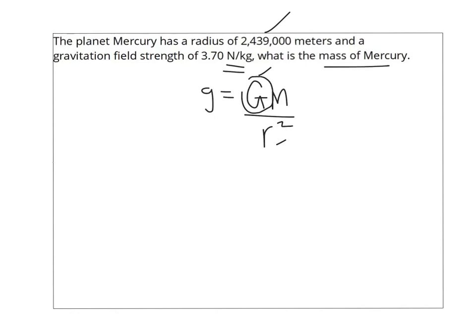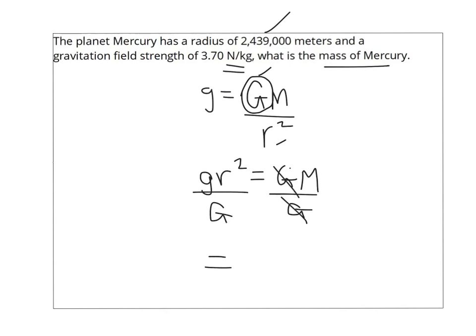G is a constant, it's never going to change. So if I rearrange this, I need to multiply by r squared. So g times r squared is equal to big G times the mass, divided by big G, which will allow me to find the mass of Mercury. So g is my gravitational field strength of 3.7, times r squared.